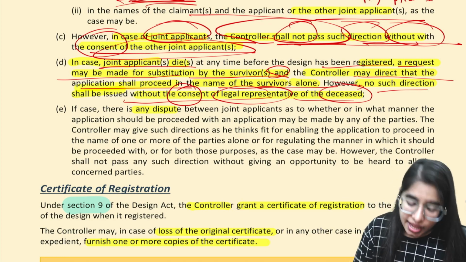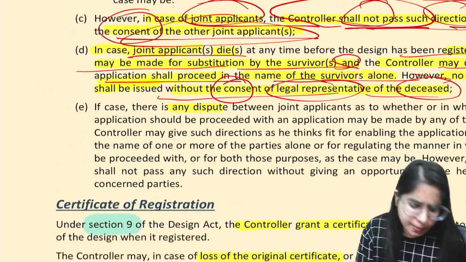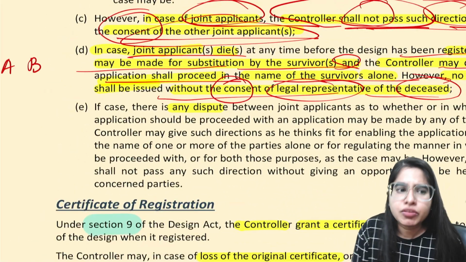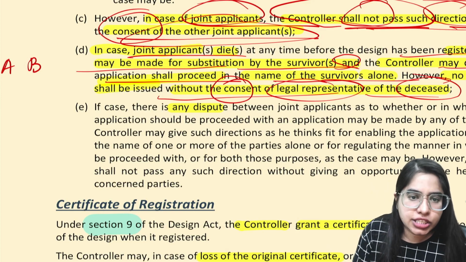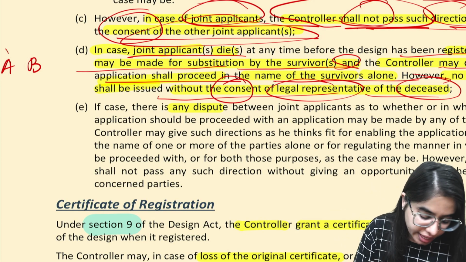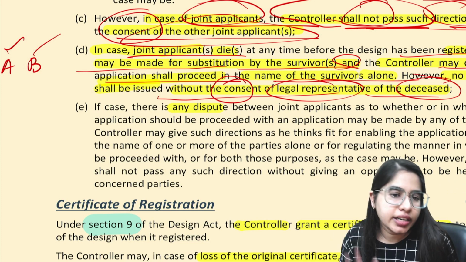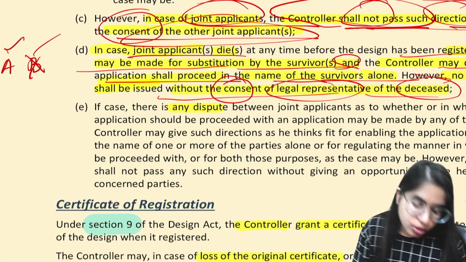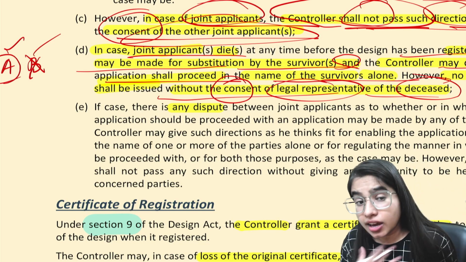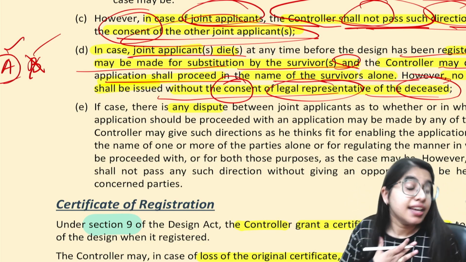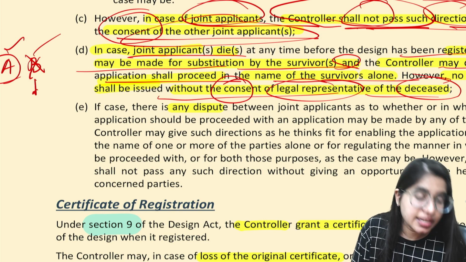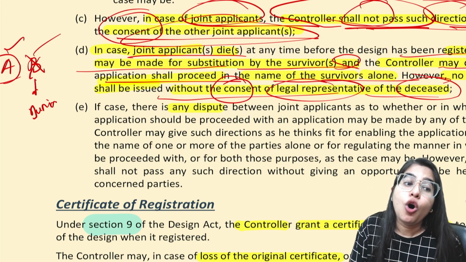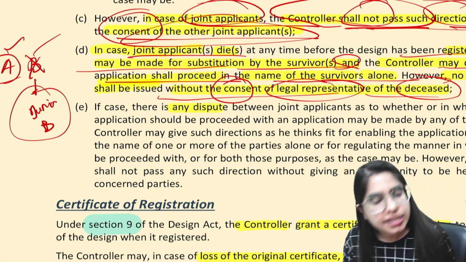Very easy. Let's take a small example. A and B jointly applied for registration of a design. Let's say B died. Can A register that in his name alone? Yes, he can. But B's legal representative, let's say junior Mr. B, also has the right to register that design in his name.